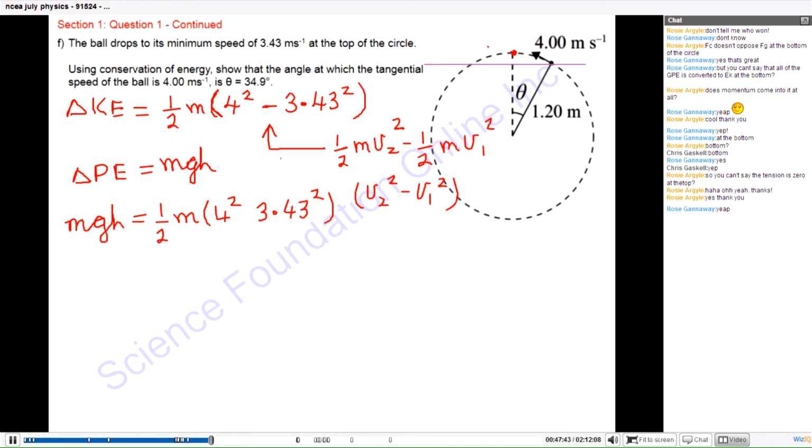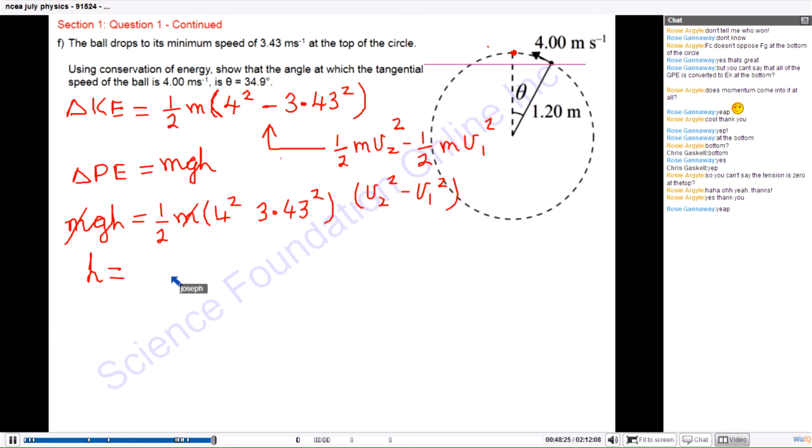And then the m's cancel out on the two sides, and we can calculate h as being 16. 3.43 came about from finding the square root of something else. That was 11.6. Change sign plus 16. Just doing the arithmetic here only on the calculator. Nothing complicated. Excuse me, sorry, I've got a bit of a bad throat.